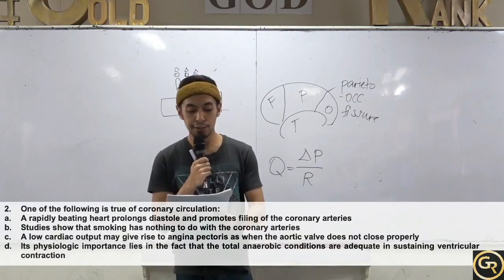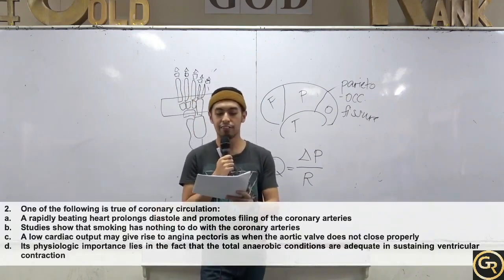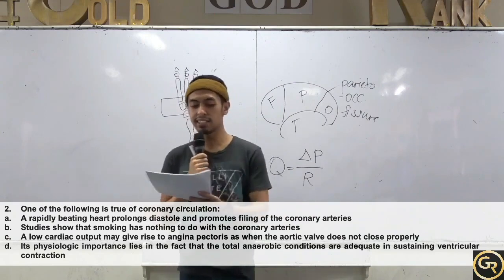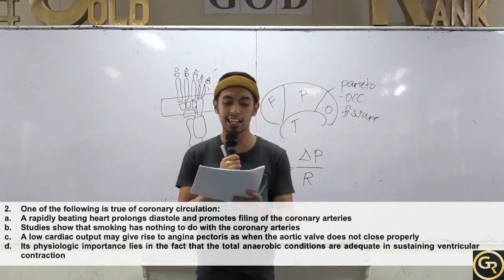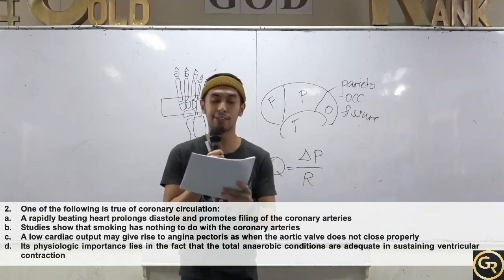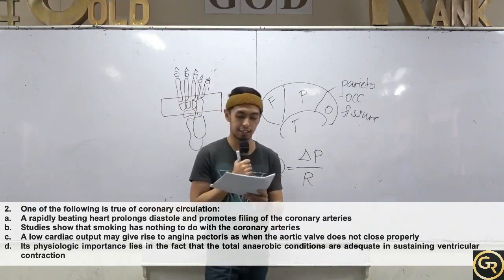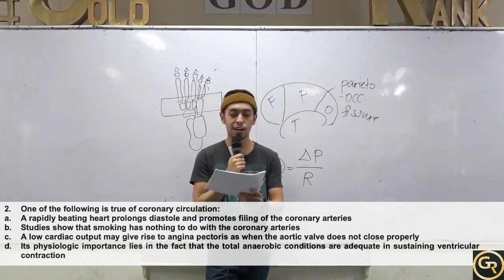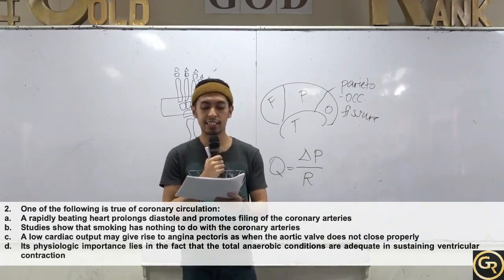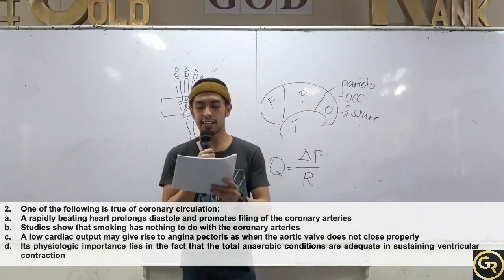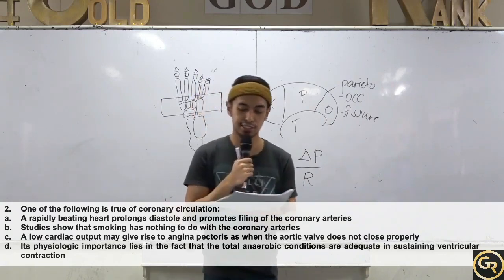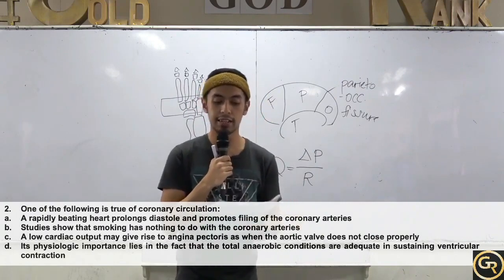Okay? Number 2, one of the following is true of coronary circulation. Okay? Sino po dito ang natatanging tamang sagot? Okay? If you would look at your letter C, tingnan niyo po yung letter C niyo. A low cardiac output may give rise to angina pectoris as when the aortic valve does not close properly. Okay?